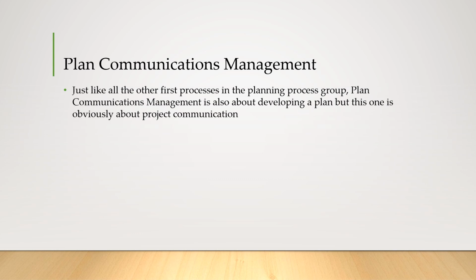For schedule management knowledge area, it is going to be plan schedule management. For cost management knowledge area, it is going to be plan cost management. So similarly, in the communications management knowledge area, the first process of the planning process group is going to be plan communications management, whereby you are putting together a communication plan.